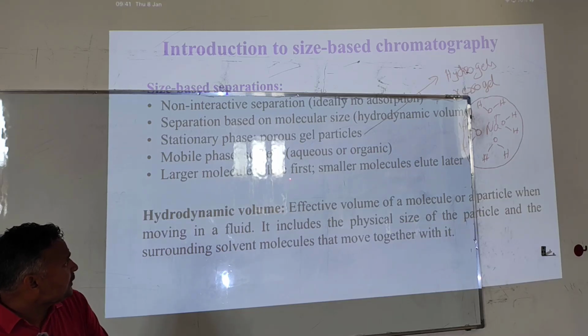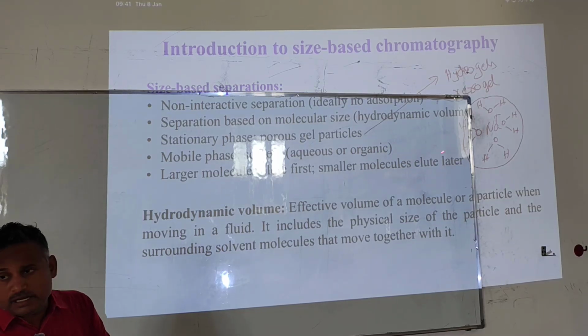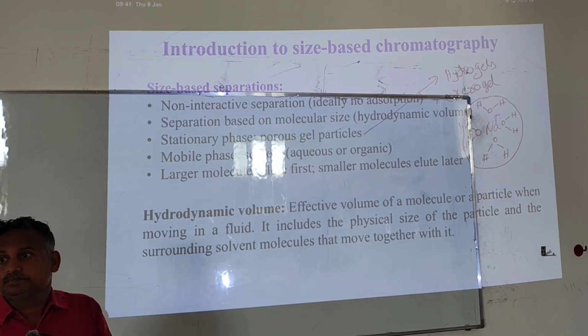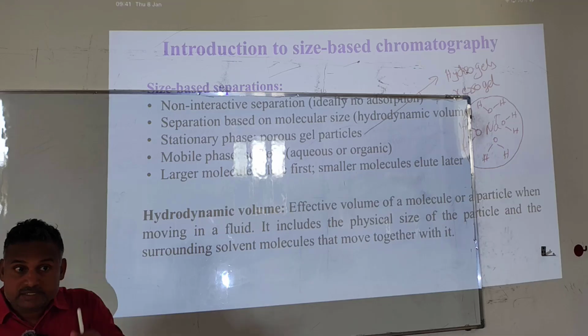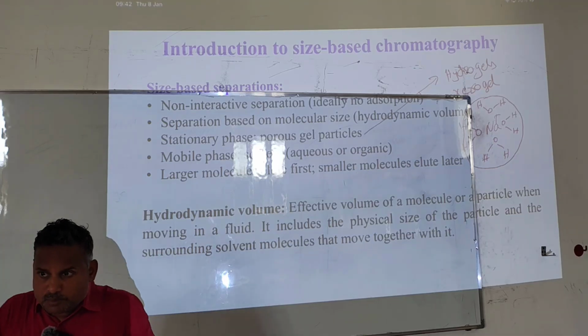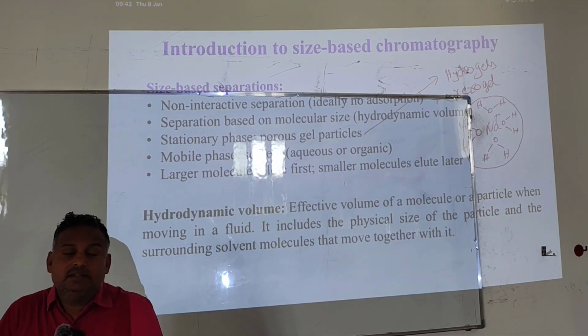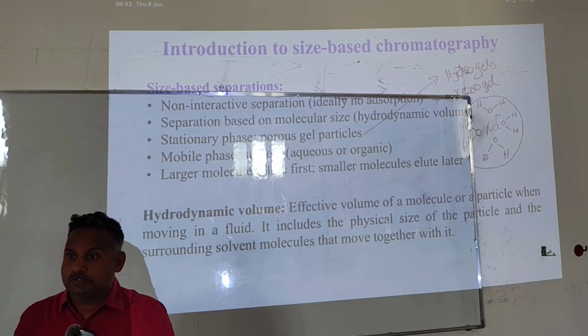Larger molecules elute first, smaller molecules elute later. Elute first means larger molecules are running faster than the smaller molecules.